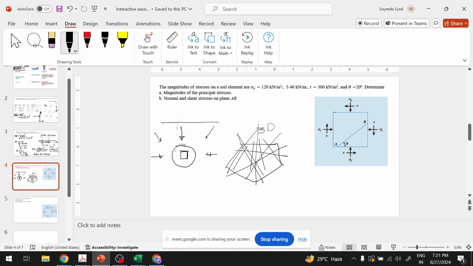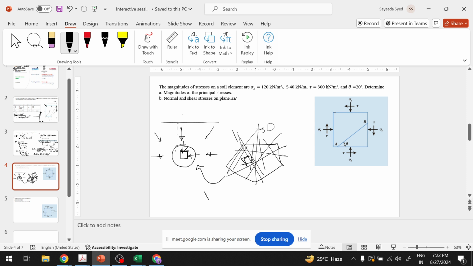So on any one of these planes, you try to calculate what is the normal stress on this particular segment. I took this segment.